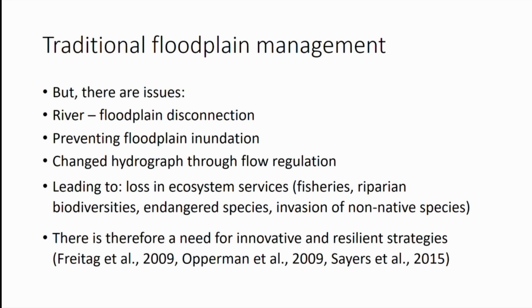And the unintended consequence of that is loss in ecosystem services, including fisheries, biodiversity, and introduction of invasive species within the floodplain. And so there is ample evidence within the scientific literature of a change in paradigm of how the system is managed.